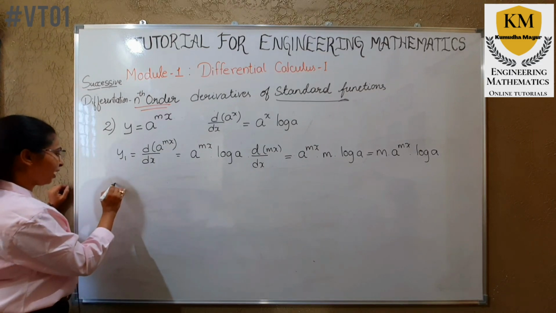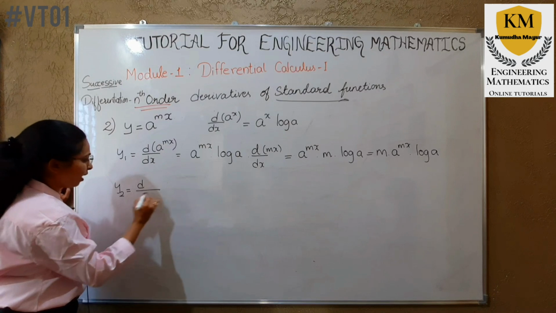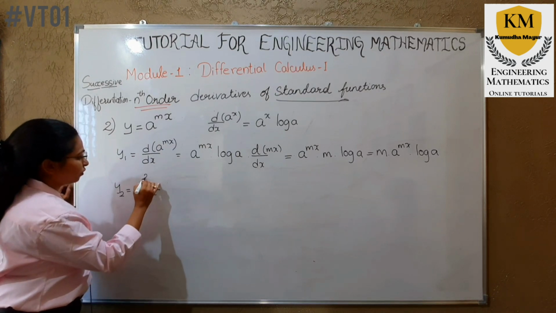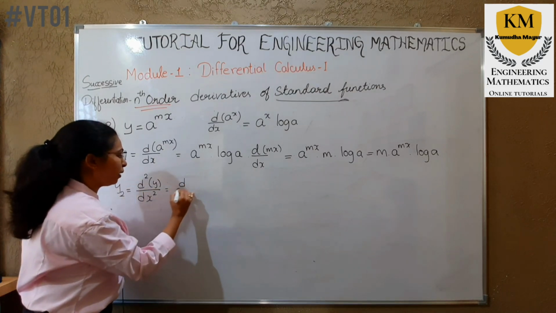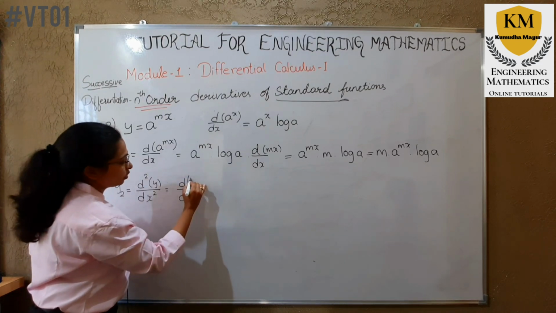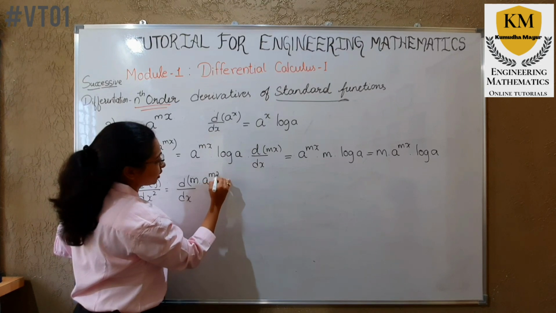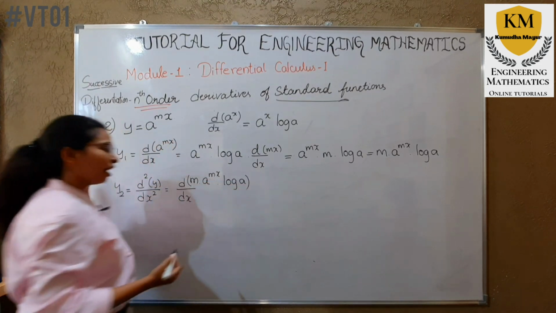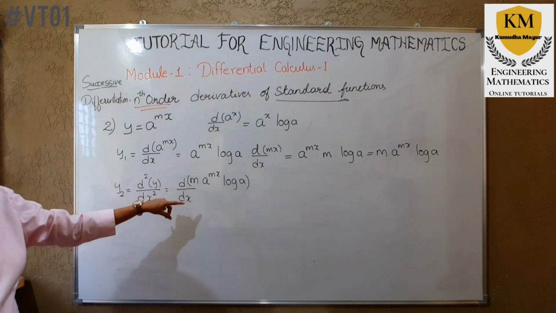Let me go for the second derivative. The second derivative y2 is (d by dx)^2 of y. I already got the first derivative as m into a to the power mx into log a. So if I differentiate this, you are going to get the second derivative.